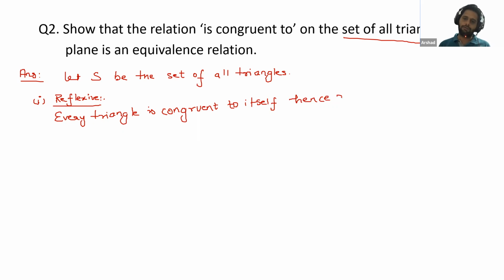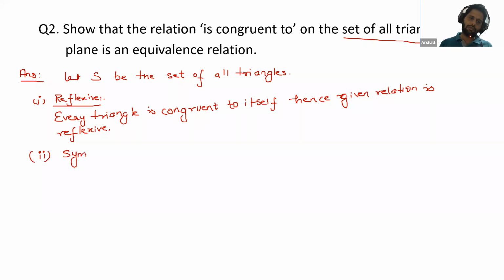Hence the given relation is reflexive. For the first part, we can write just the statement that every triangle is congruent to itself, hence the given relation is reflexive. Now the second one is about symmetric.